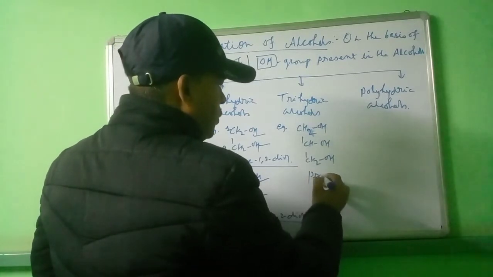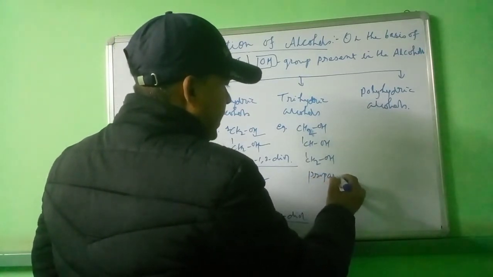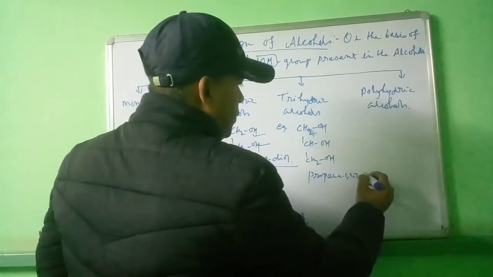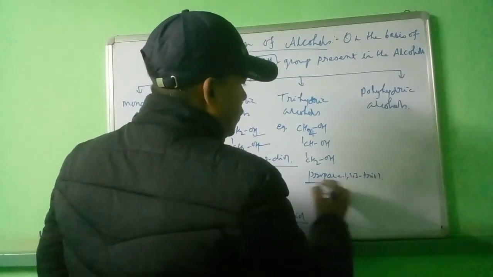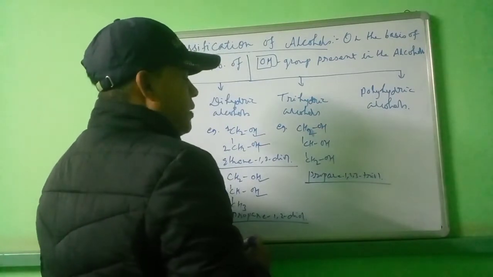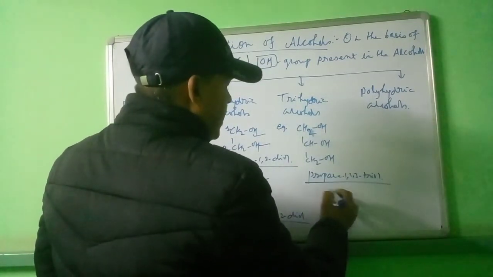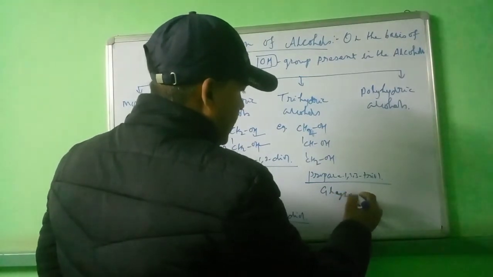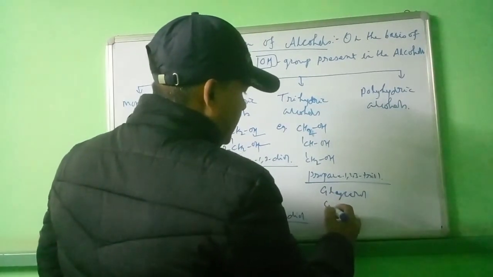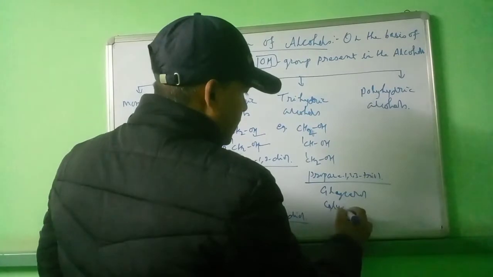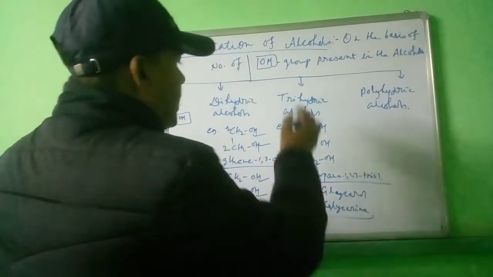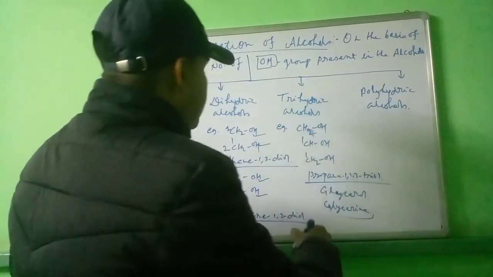So prop is the word root, propane, 1,2,3-triol. This propane triol is also known as glycerol or glycerin. So these are examples of trihydric alcohols.